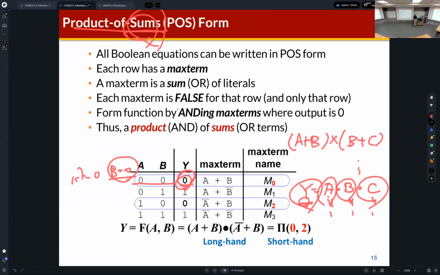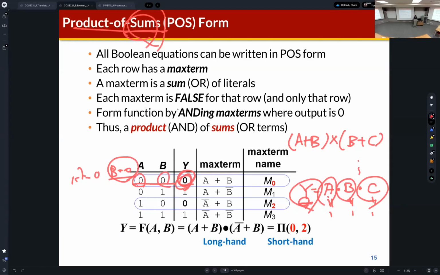Then in the POS form, I think I mentioned that we need to focus on the max term that can make y 0. Okay, so how can you make y 0 using this max term? So a should be 0 and b should be 0, right?